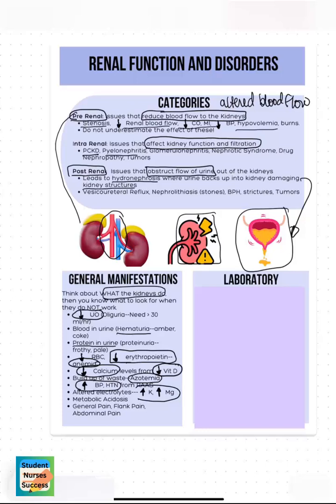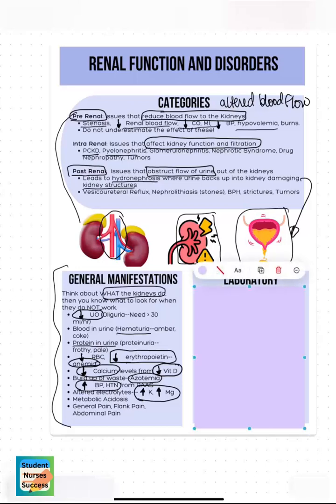So when we have kidney problems, we see a rise in potassium and magnesium levels. We see metabolic acidosis develop when the kidneys are not functioning well. And then, as far as pain, we may see generalized pain, flank pain, abdominal pain. So, these are all manifestations to keep in mind in patients who have renal disorders.